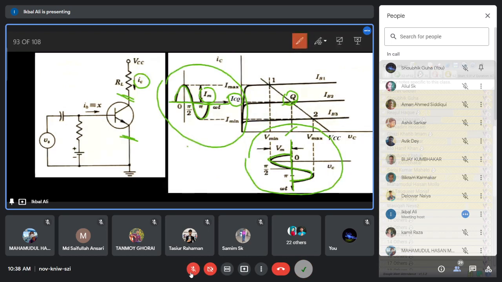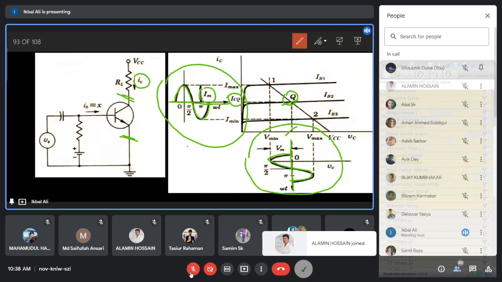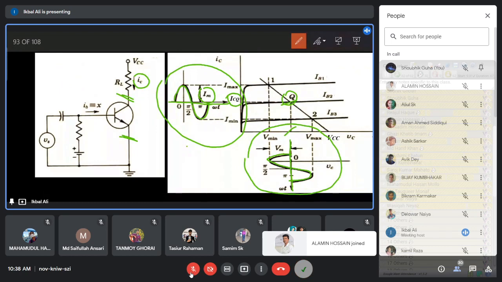Now, you have the AC collector current fluctuating between Imax and Imin. Also, the AC voltage developed across the transistor fluctuates between Vmin and Vmax. If you withdraw the AC, this fluctuation will be absent, and you only see the DC collector current flowing through the transistor, ICQ, and the DC collector emitter voltage between collector and emitter, that is a constant voltage.